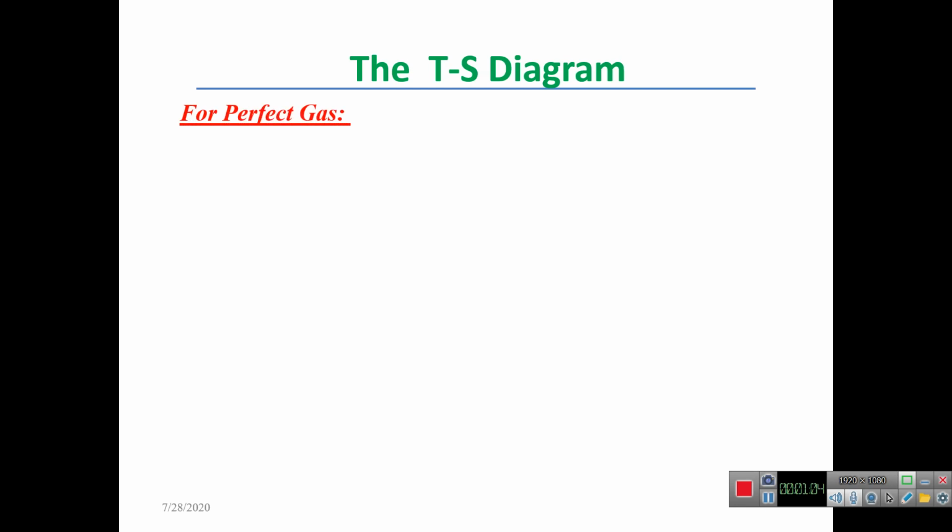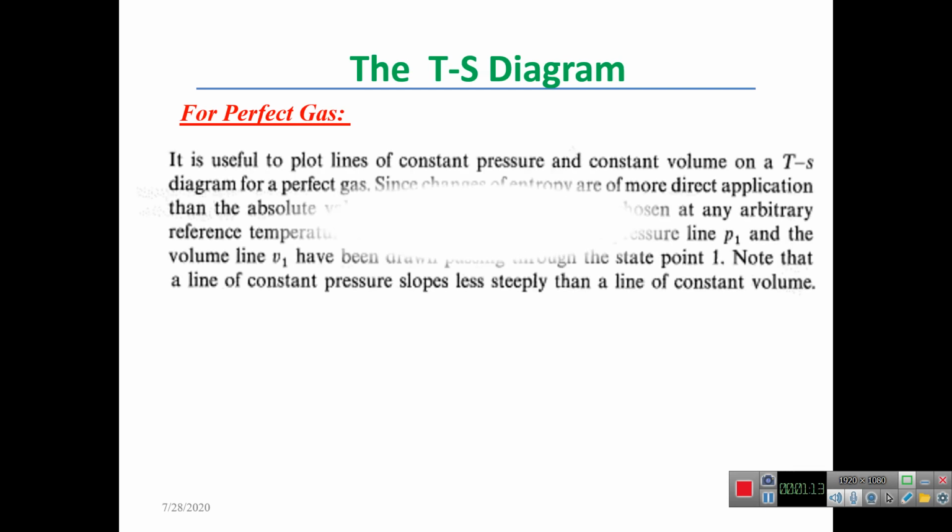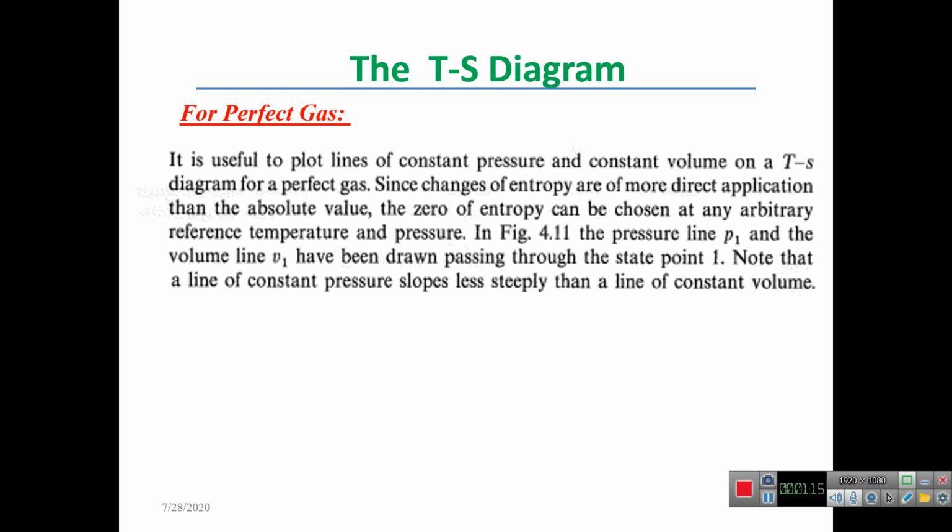Now, today we are going to consider another diagram which is known as the TS diagram, temperature entropy diagram. Entropy is one of the properties of the thermodynamic system which we have introduced previously as a consequence of the second law of thermodynamics.